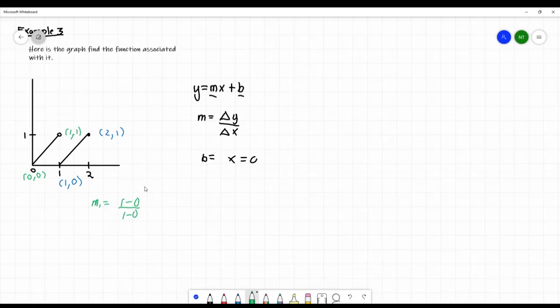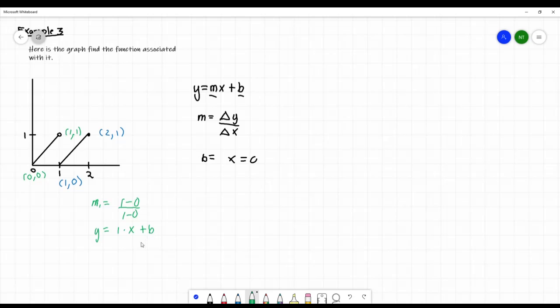Then we can plug that into our function, and we have y is equal to 1 times x plus b.